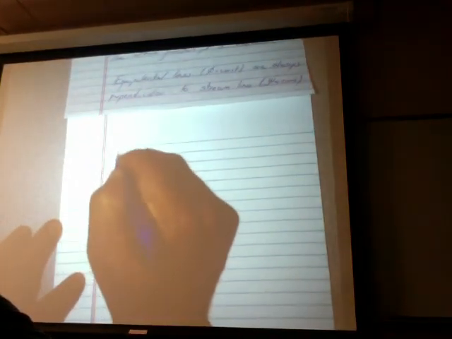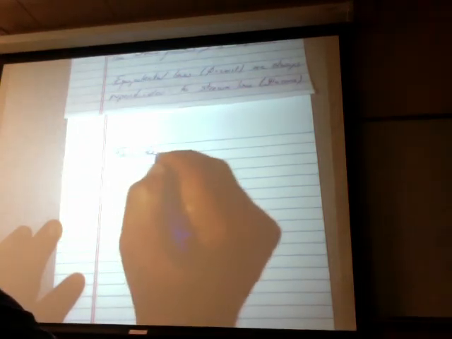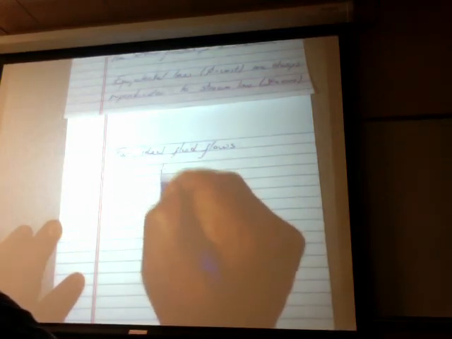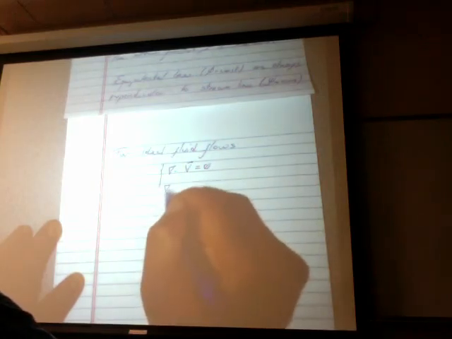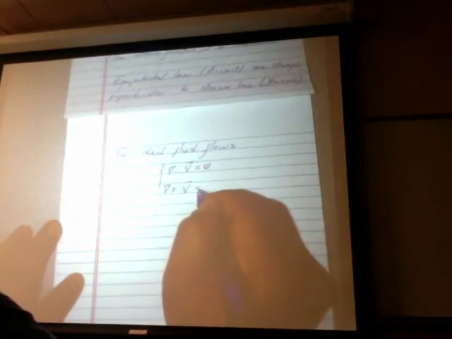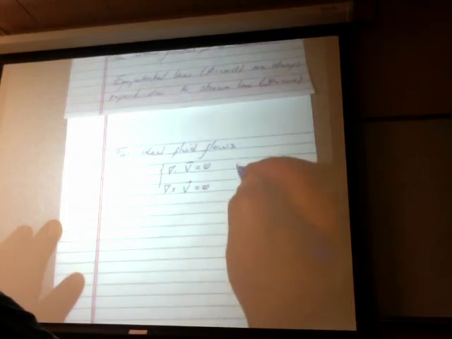So in conclusion, in summary, for ideal fluid flows, what we have is incompressibility and irrotationality. This has to be true.